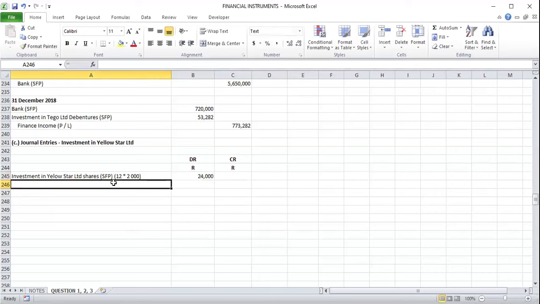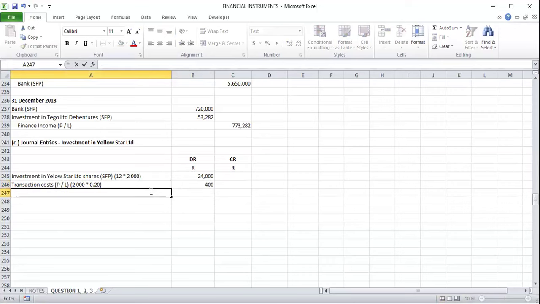Then the transaction costs will come on their own. They will be recognized as an expense directly. So when we say you don't include them in the investment, it doesn't mean that you don't record them, but you record them separately. They said 20 cents, so 2,000 times 20 cents, I think we get 400.